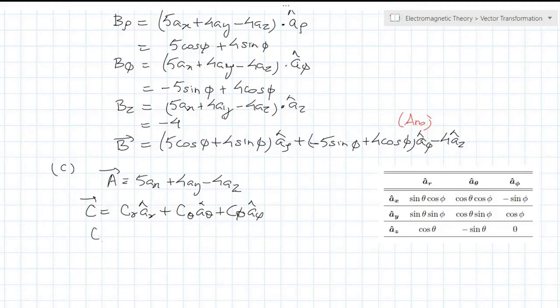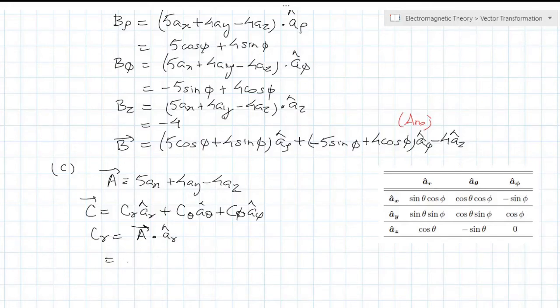So let us first start with CR. Again the way will be similar: because we have to find A's component in the R direction, we will dot multiply A with the R direction unit vector AR.